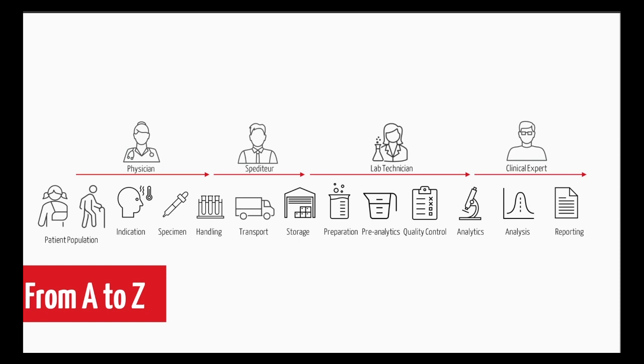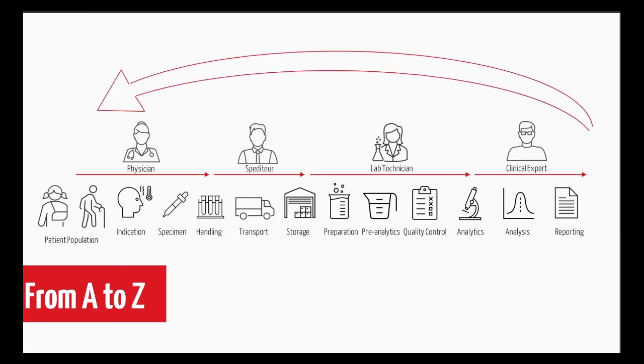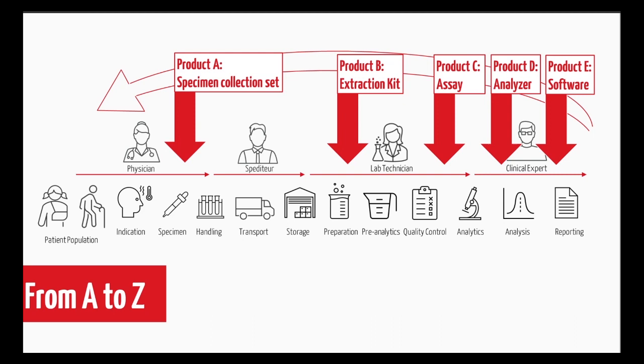After that, the analysis and the reporting. And after reporting, the results are sent back to the patient via the physician in the vast majority of cases. And then we have several products which are placed in that process. Product A, for example, a specimen collection set. Product B, an extraction kit. Product C, an assay. Product D, an analyzer. And product E may be a software.